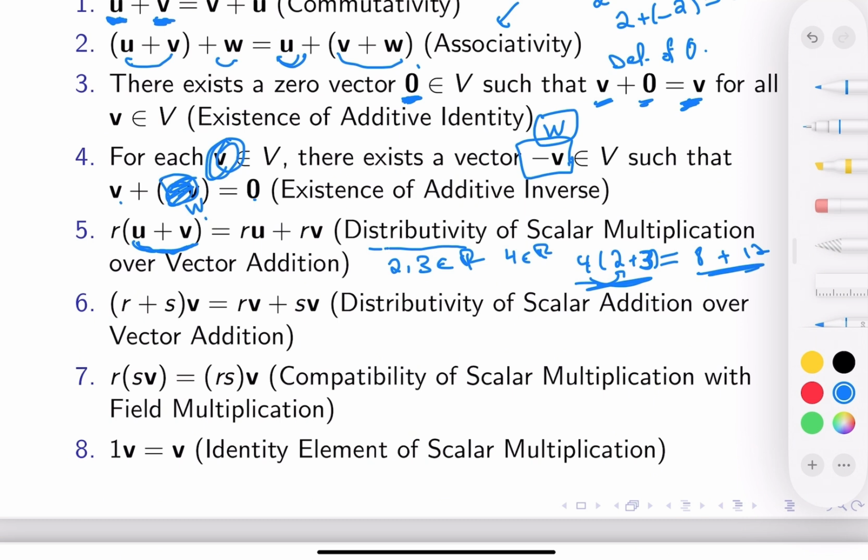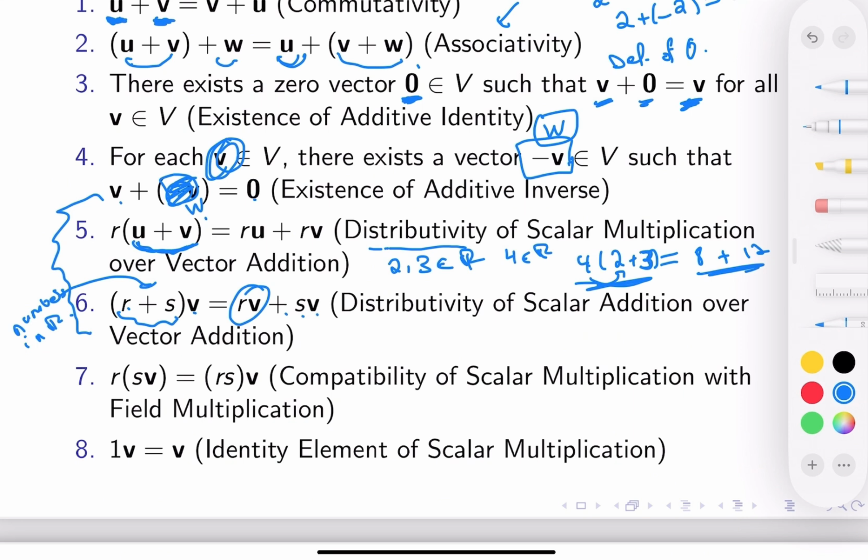The other distributive law is that if you add two scalars, numbers in R, it should be the same as adding R times the vector plus S times the vector. What these two properties are saying is that the things you expect to happen in R, we would like to have happening in a general vector space.